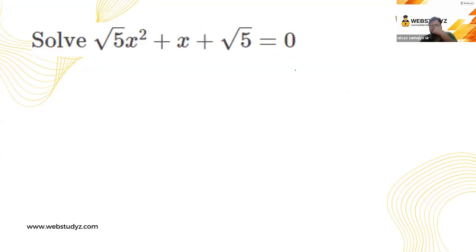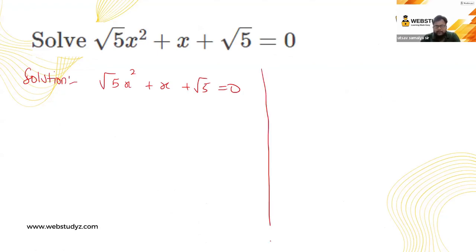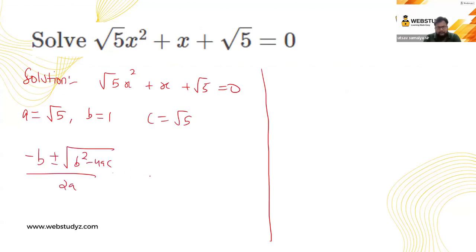Now we will be solving this question. The question is root 5 x square plus x plus root 5 is equal to 0. We need to solve this. So here a is root 5, b is 1, c is root 5. So the formula is minus b plus minus square root of b square minus 4ac upon 2a.